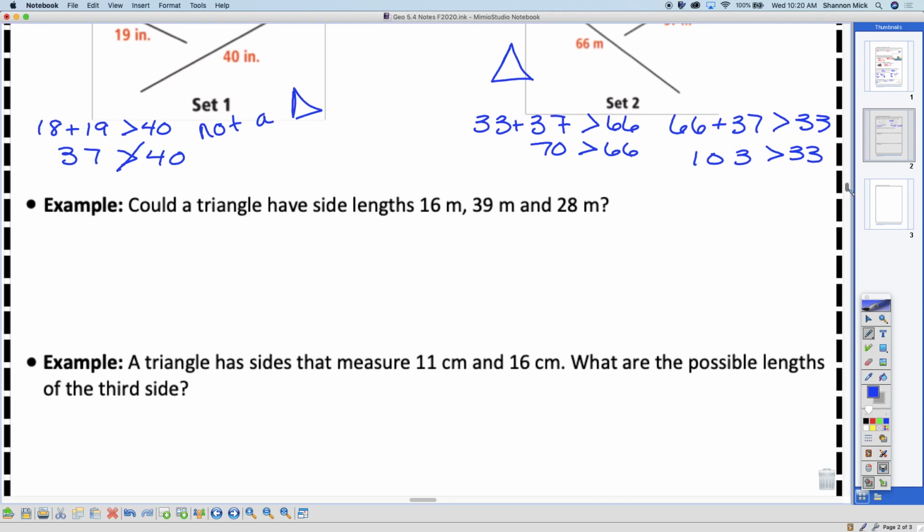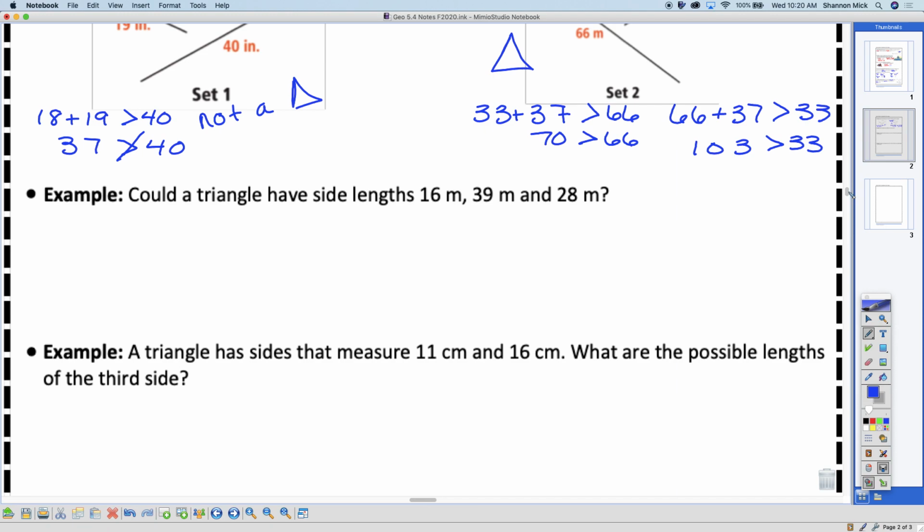Okay. Could these be a triangle? So you guys check. Does it matter which one we add? Yes, you have to add all 3. You have to do all 3 inequalities. So like 16 plus 39, and it has to be bigger than 28. You have to do 16 plus 28.